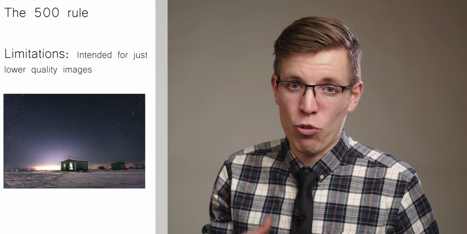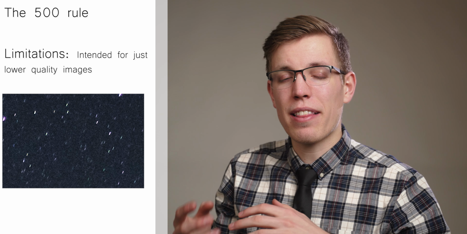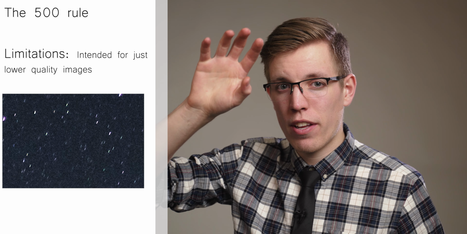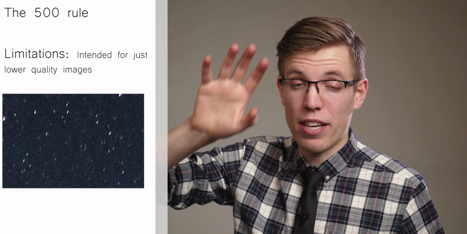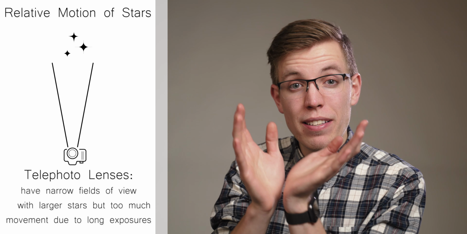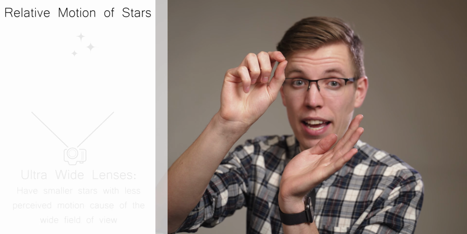It's not really as relevant anymore. But the idea is that as you get longer exposures, you're going to get little trails on your stars because you're going to move across the sky while you're taking your image. For this reason, having a wide-angle lens is more beneficial because, relative to your camera, the stars are moving a shorter distance in the sky.